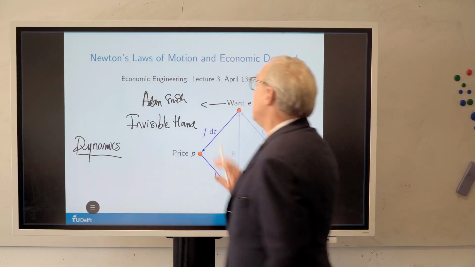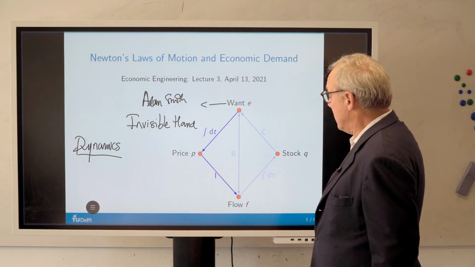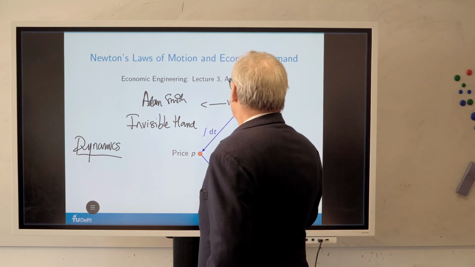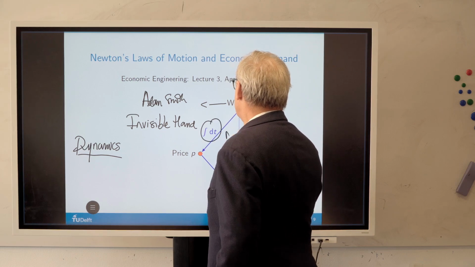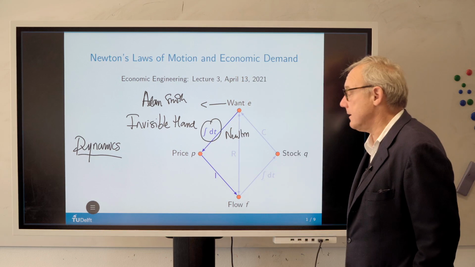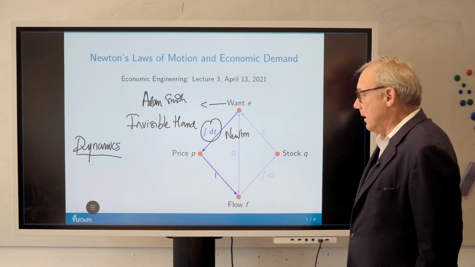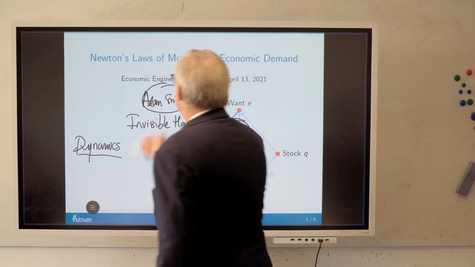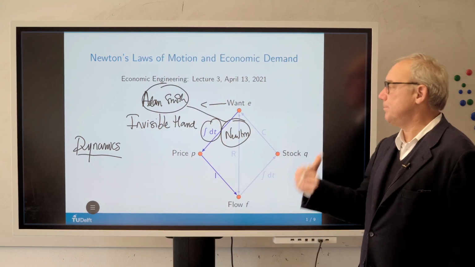So this idea is Adam Smith. Now, there's another idea, and this is Newton here, who comes up with how the invisible hand relates then to this momentum. So we can match up Newton here with Adam Smith, at least in some spiritual way.